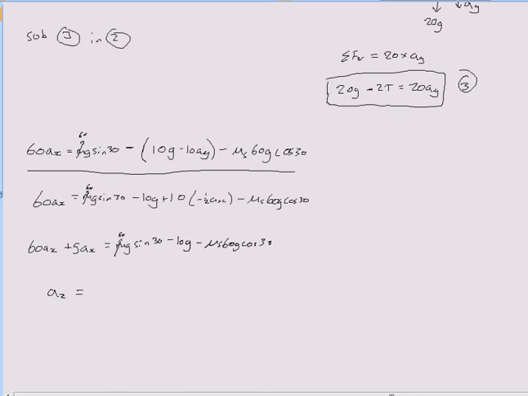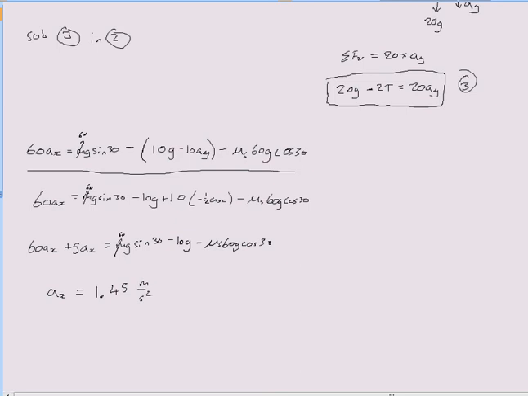So that's going to be 1 on 65 times 60 times 9.81 times sine 30 minus 10g minus mu_k, which is 0.2, times 60 times 9.81 times cosine 30, which is going to be equal to 1.45 meters per second squared.